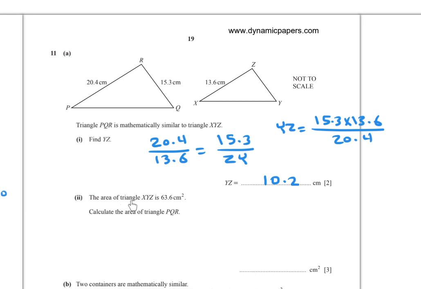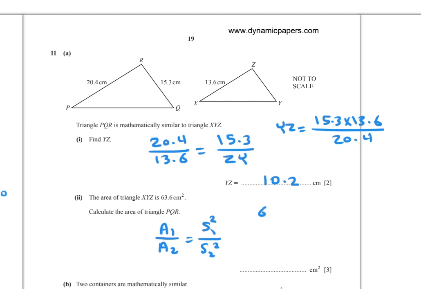Part ii. The area of triangle XYZ is 63.6. Calculate the area of triangle PQR. If they are similar, area 1 over area 2 equals side 1 squared over side 2 squared. So for area 1, we can start with triangle XYZ.